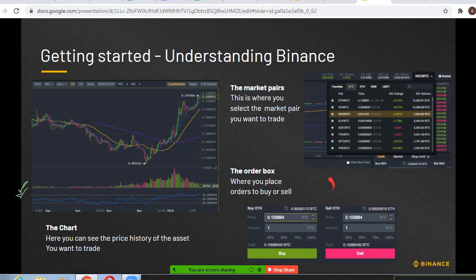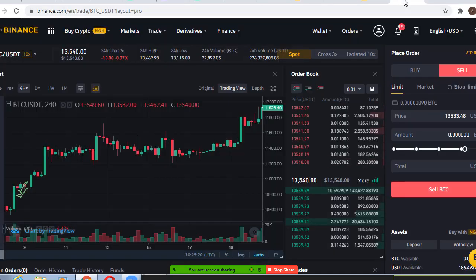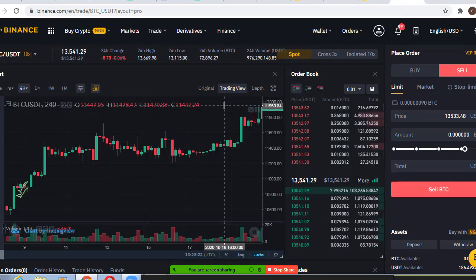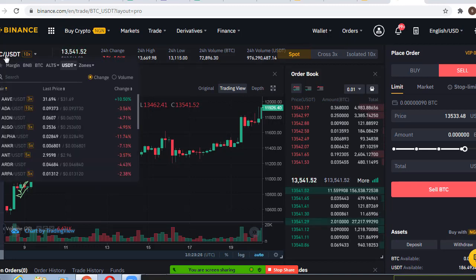Now, another thing here is market pairs. That's very simple. If you want to check a market pair, you go to this area, BTC USDT. If you click on this small drop down, you will see BNB. This is a market pair, and it's called the BNB market.